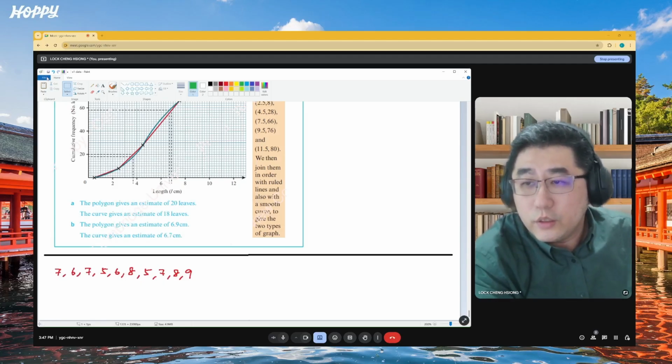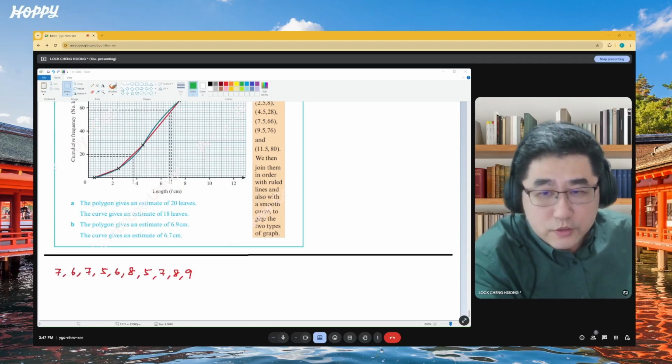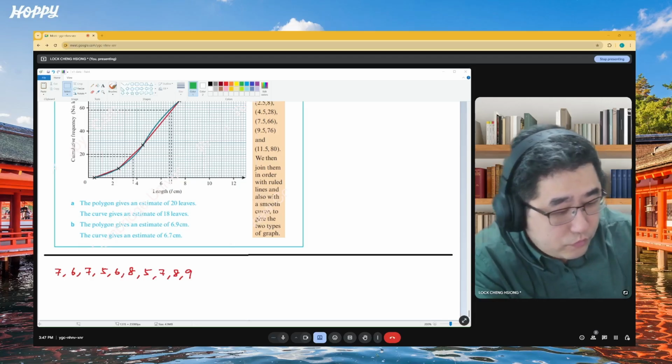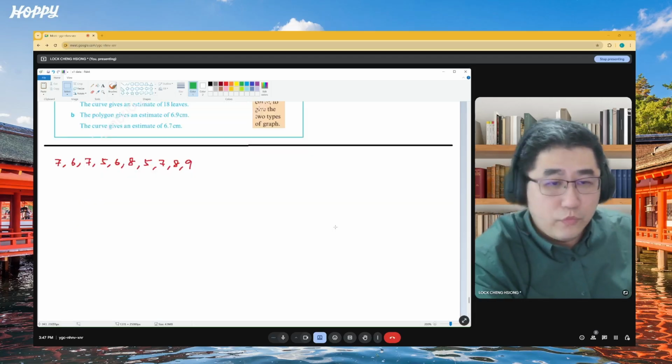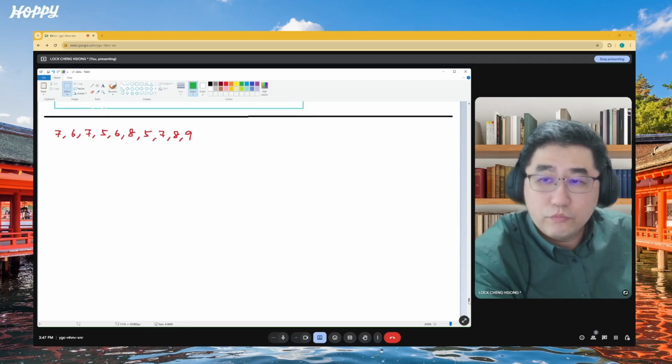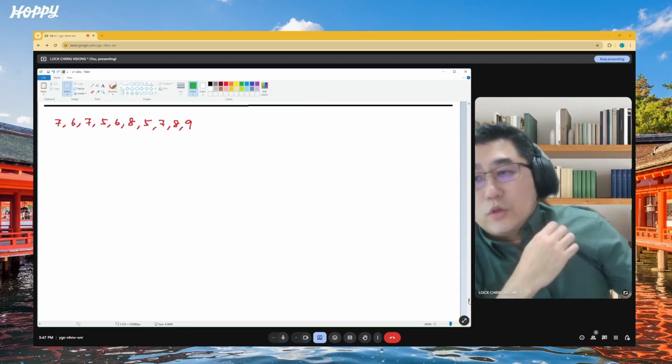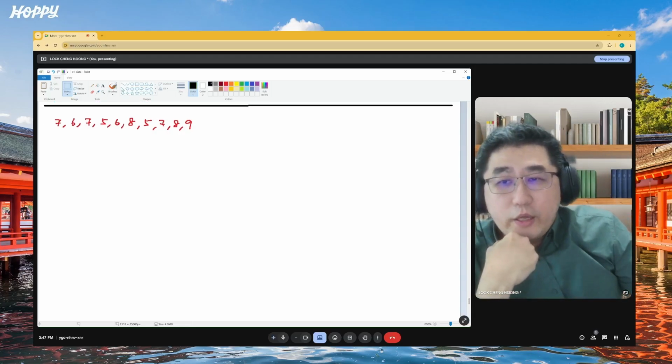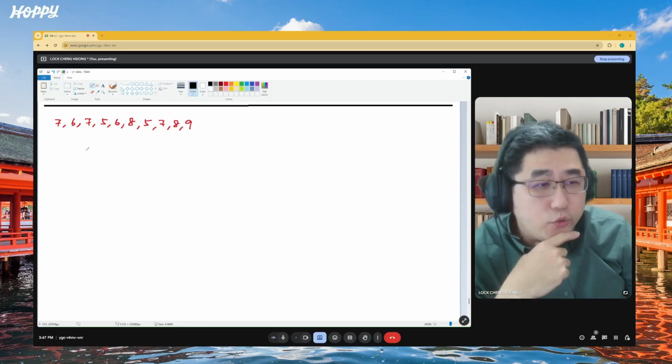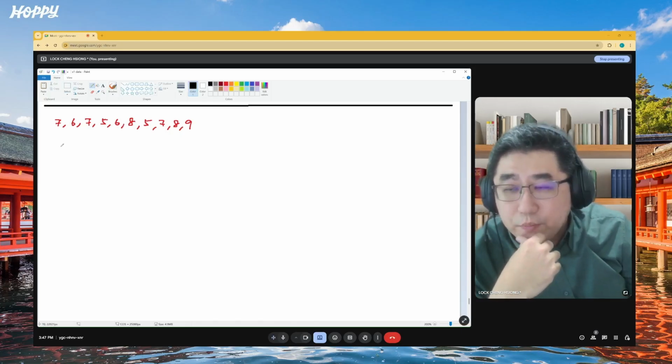Let me adjust some size. So this is the data that we have. First of all, I'm going to rearrange them from small to big.